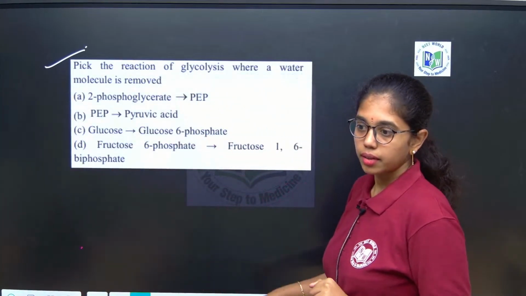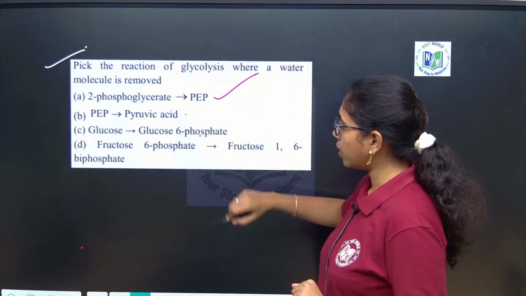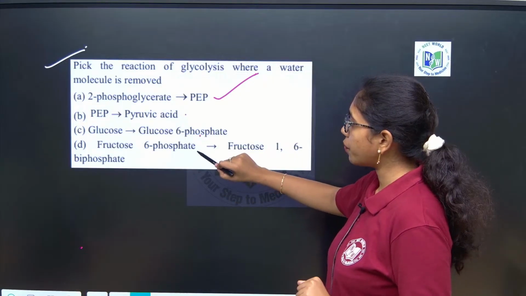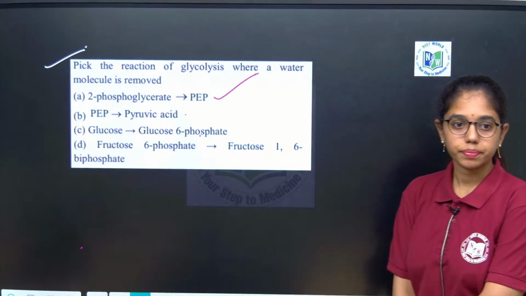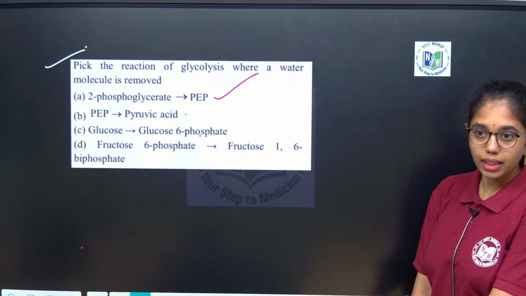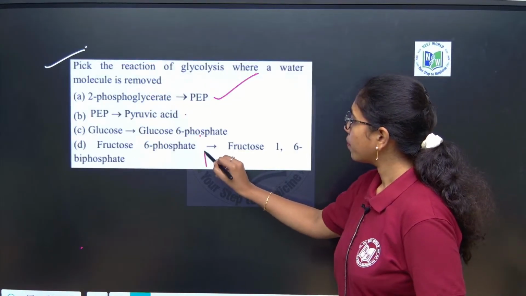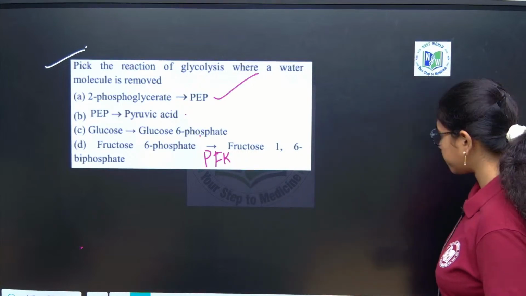Correct? Yes? Good. This is the last step. This will be the first step, and fructose 6-phosphate to fructose 1,6-bisphosphate is the third step, the rate limiting step. It is by what enzyme? Phosphofructokinase. Okay, next.